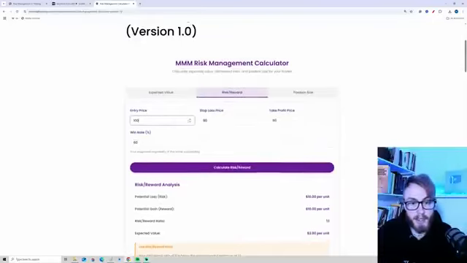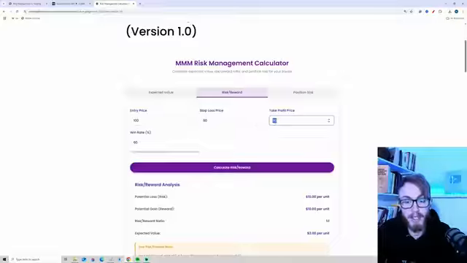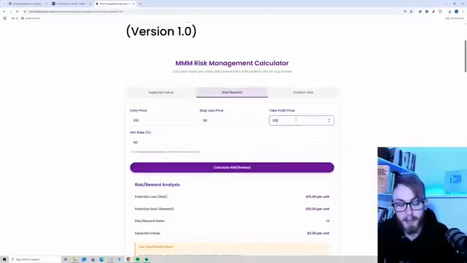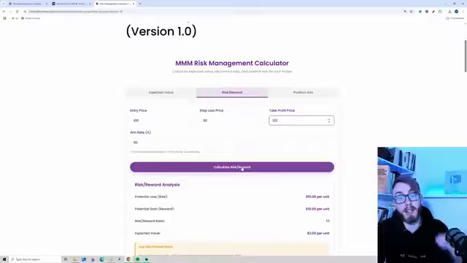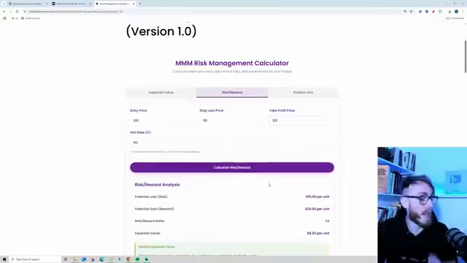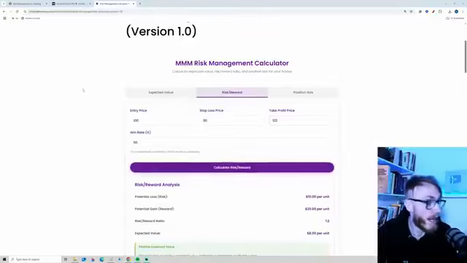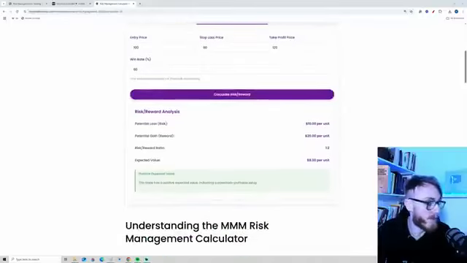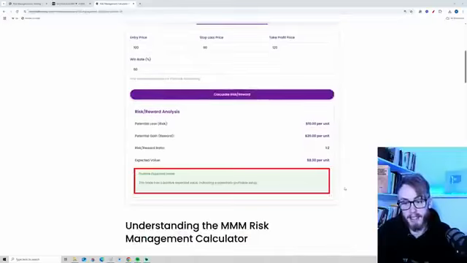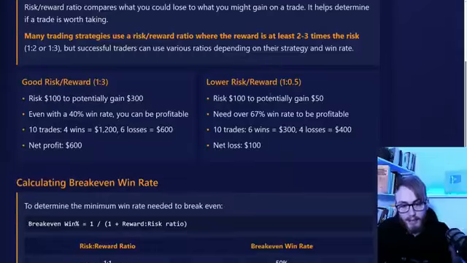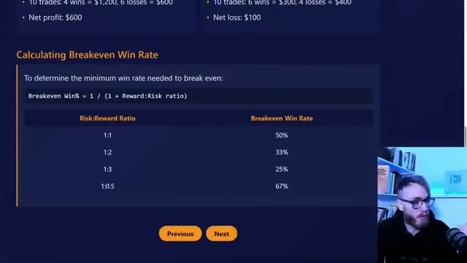So let's choose a 1 to 2 risk to reward, which will be if we have a take profit at 120, right? Let's calculate. As you can see, our risk to reward is now 1 to 2. And once again, we have a very nice positive expected value. So now you have a basic understanding of risk to reward.